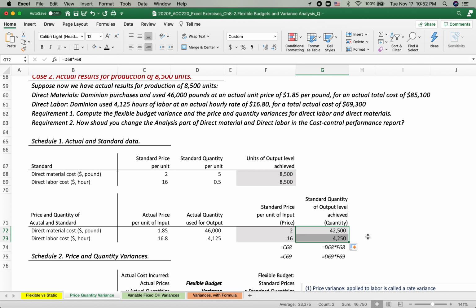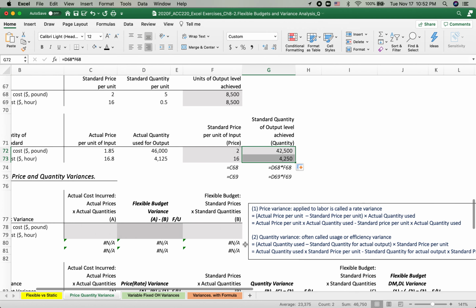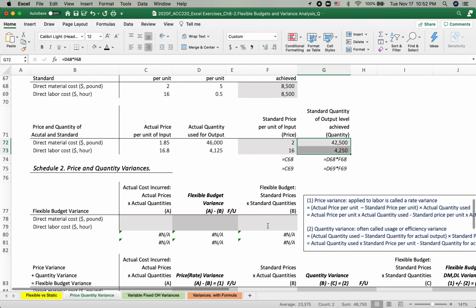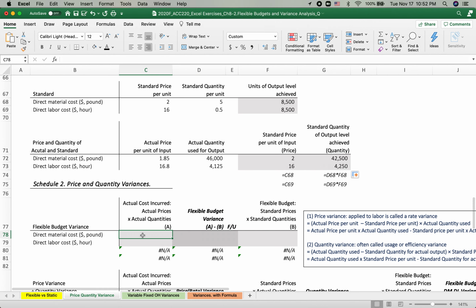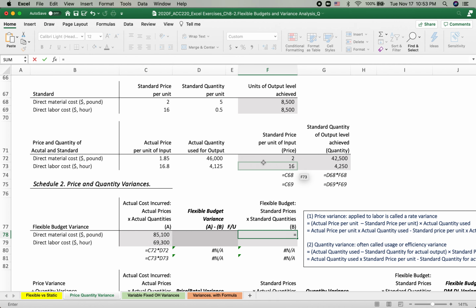So let's use this equation once again. So actual cost incurred times actual quantities. Now we can just multiply these two. The same way, direct labor cost as well. And then the flexible budget, standard price times the standard quantity.